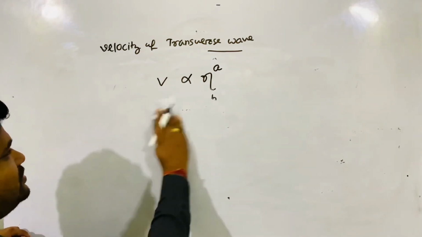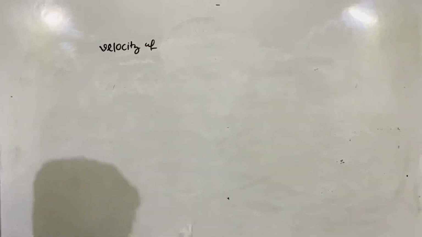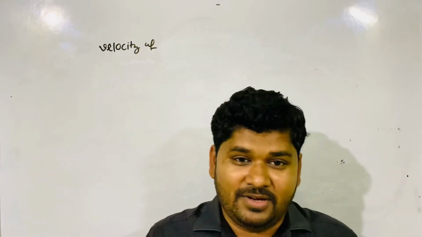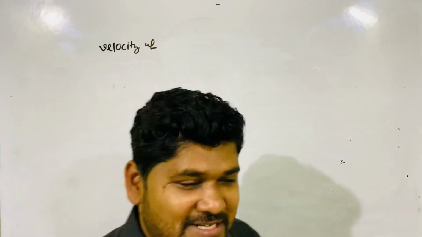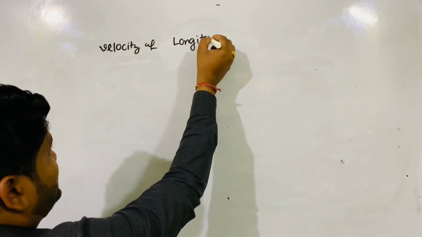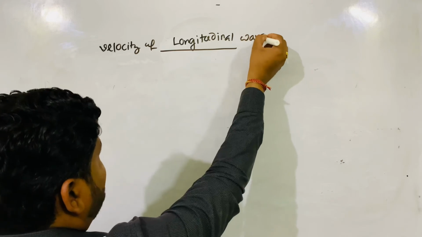So this is about the velocity of which wave? Transverse wave. Now we'll discuss the velocity of which wave? Obviously, longitudinal wave, as transverse wave is completed. What is the velocity of longitudinal wave?